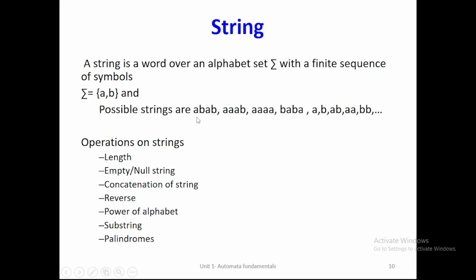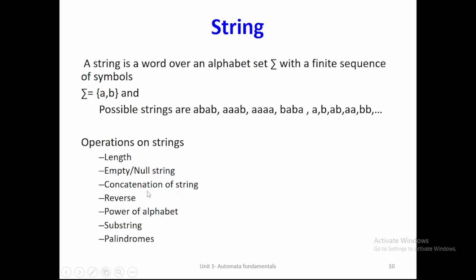And using those strings we can implement a few operations. These are the operations which can be performed on strings. First one is length of a string. We can find the number of letters in a particular string. We can find whether the string is empty or not, which is denoted as the empty or null string.